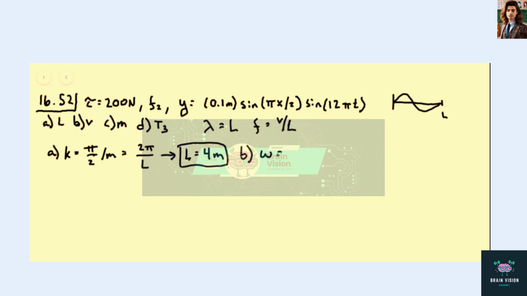Now we know omega from this is 12 pi radians per second, which is also 2 pi f.